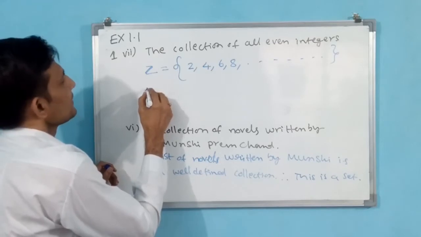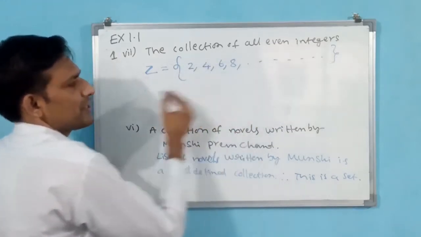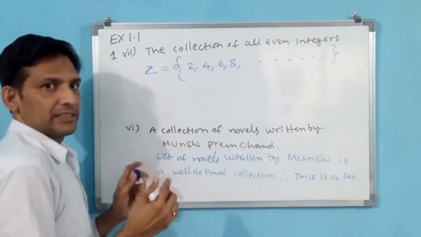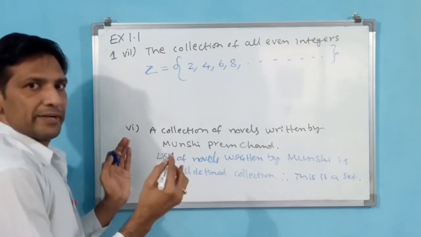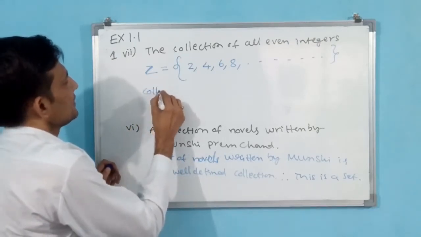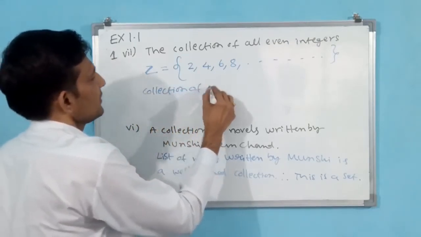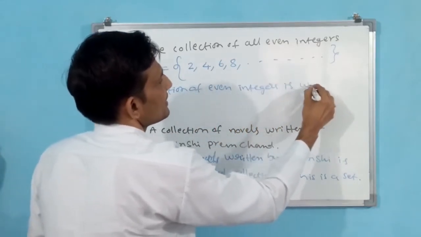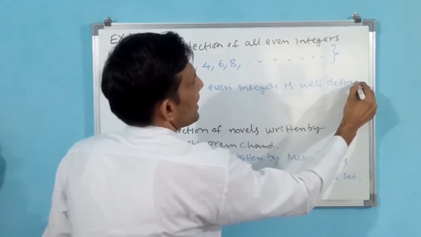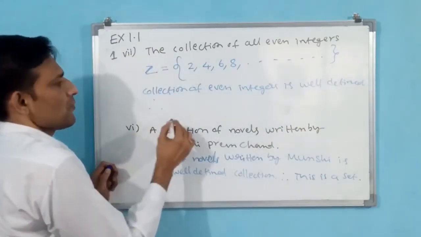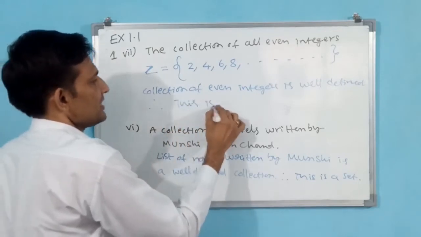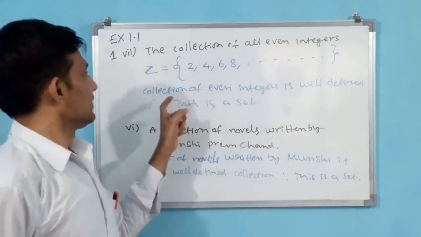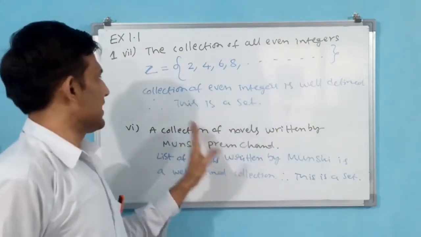You can write the same thing: collection of even integers is a well defined collection. Collection of even integers is well defined. Therefore, this is a set. You understand, no? Collection of even integers is well defined. Therefore, this is a set.